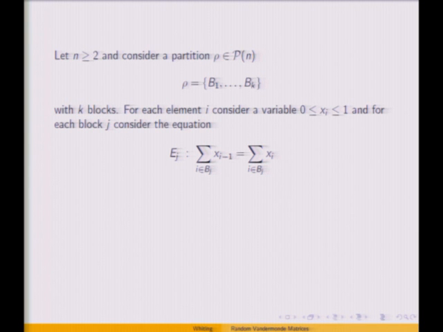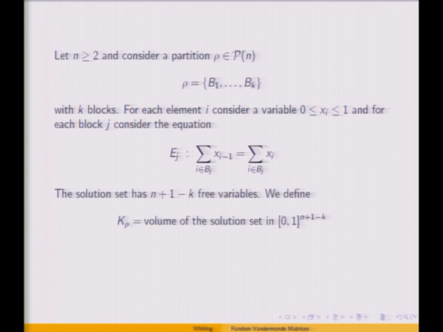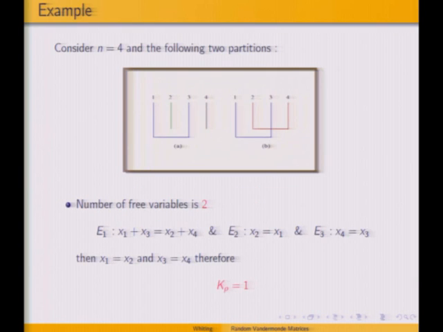You've got these sums, and it turns out that this sum here corresponds to the calculation we want to do for the Vandermonde matrix, namely take a partition, take the expectation with respect to that partition of the trace for the number of points we're looking at, let's say n. Then this quantity here, the volume of this solution set, turns out to be the number that we want over here.